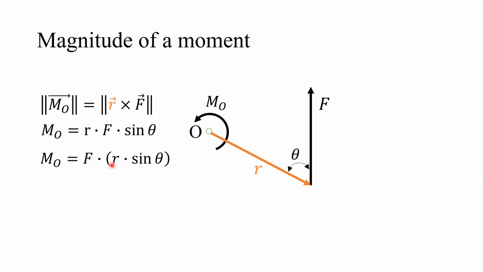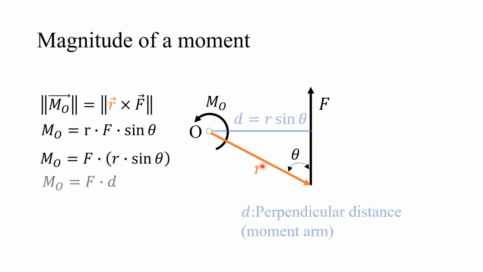You can see the r sine theta term here. With the help of that triangle, you can see r sine theta is equal to the perpendicular distance between the moment point and force. Also, we can call it moment arm r instead of that perpendicular distance. As a result, the magnitude of the moment is equal to force times perpendicular distance.